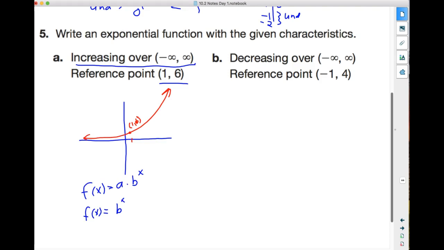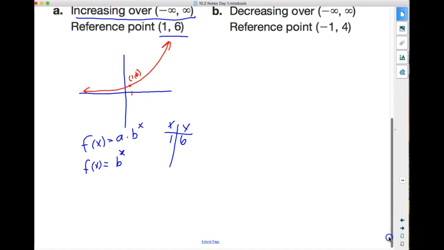Now I know that when I put a 1 in for x, it's going to spit out a 6. So what the heck does b have to be? Yeah, it would have to be 6. So I would have to say f of x equals 6 to the power of x.